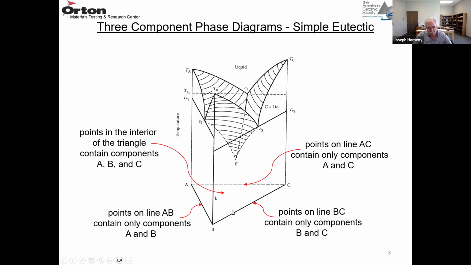If we look at the sides of the equilateral triangle, any point on side AB is only going to have A and B present.